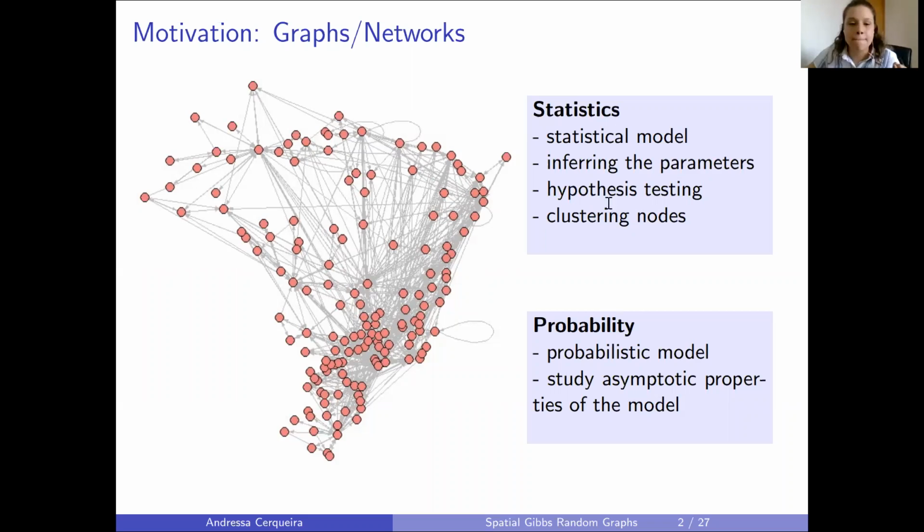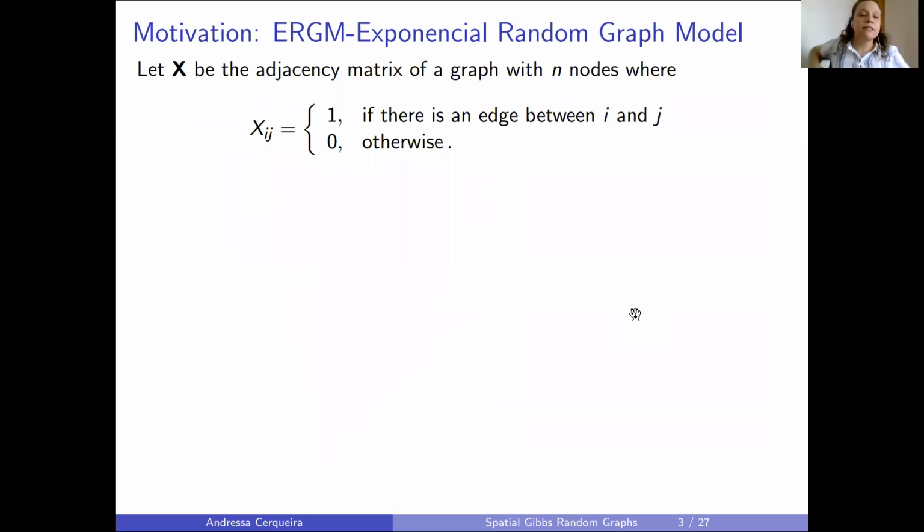So first I would like to introduce a model. I don't know if you have heard about this model before. It's called the exponential random graph model. For this kind of model, we represent the graph by its adjacency matrix, where each entry of the matrix is given by 1 if I have an edge between a pair of vertices and 0 otherwise.